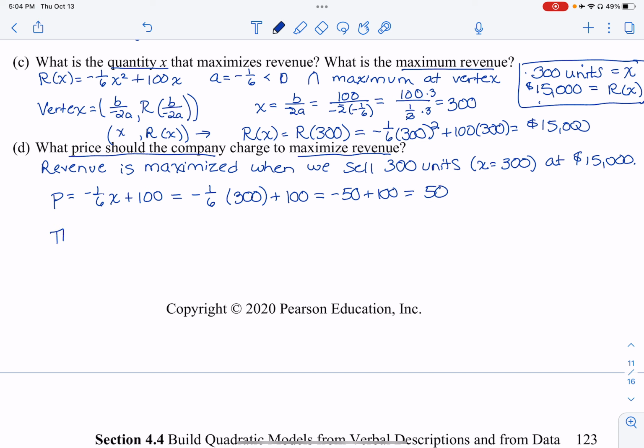So the price to maximize revenue will be $50.